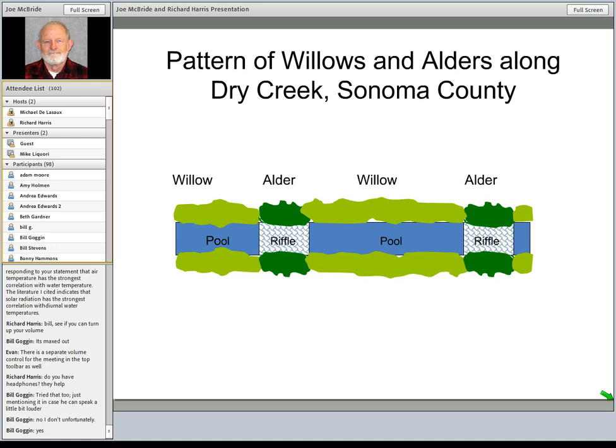In a study I did along Dry Creek in Sonoma County, I found that we had primarily, adjacent to pools, willows growing, but in the riffle areas, alders were more prominent, and I concluded that this probably had something to do with the amount of oxygen in the water.